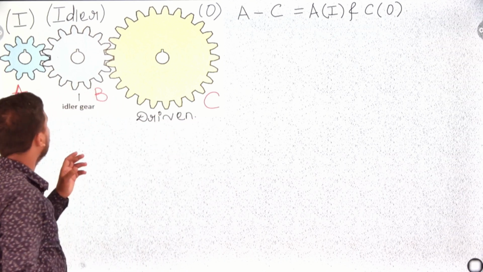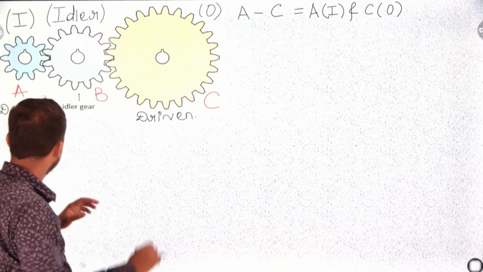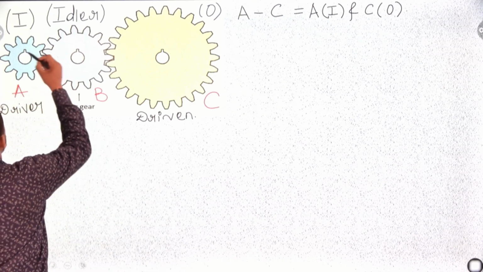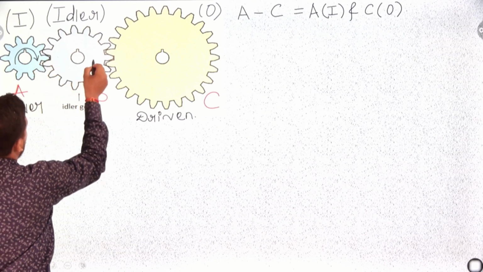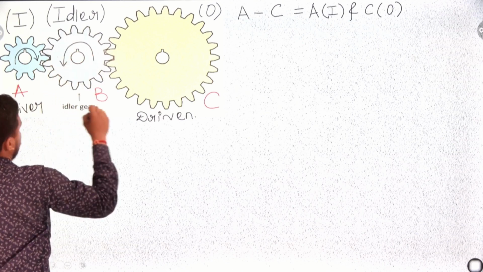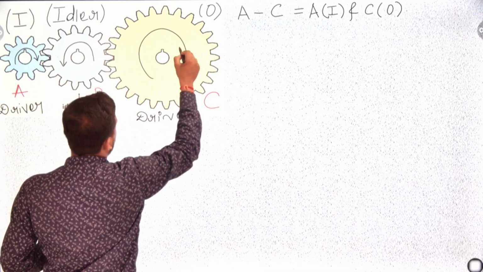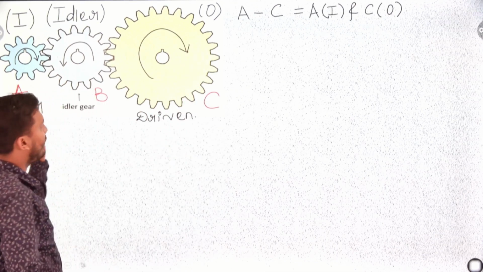So what will be the rotation? If A rotates in the clockwise direction, then B will rotate anti-clockwise, then C will rotate clockwise, because the number of gears is odd.